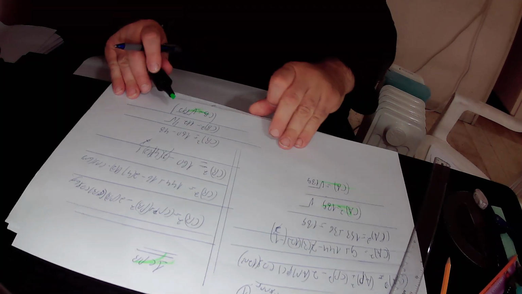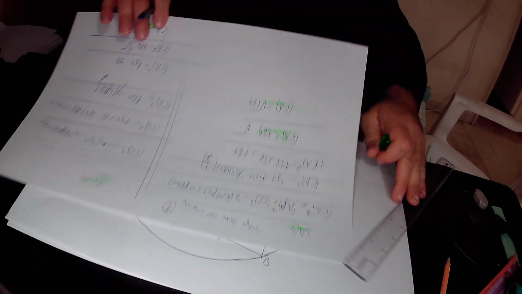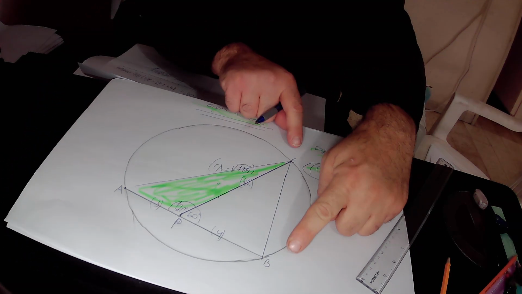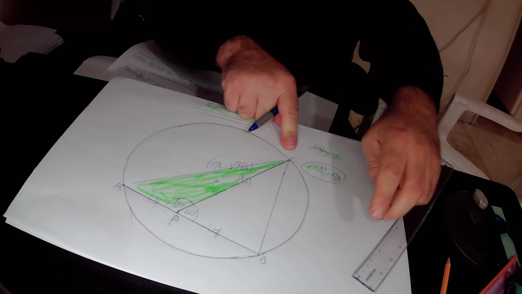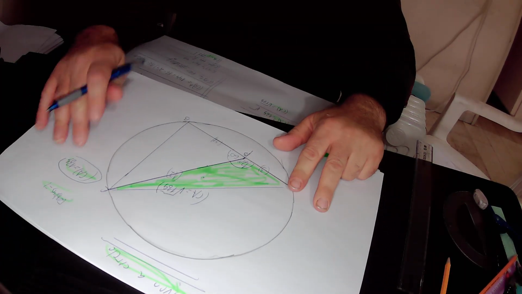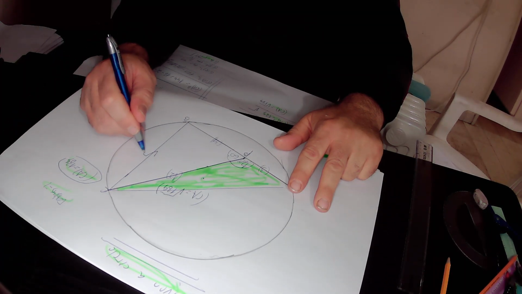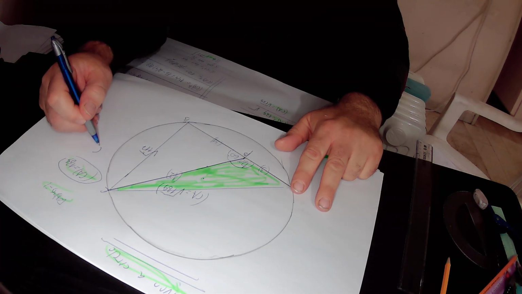And again, the missing side CB is equal to the square root of 112 units in its length, and CB squared equals 112.